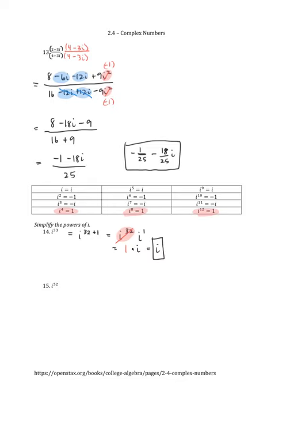Remember I said earlier in this section that you never want to have an exponent on i. You always have to simplify it. So that's what I'm doing here. Okay, so simplify it until you have an i, a negative i, a 1, or a negative 1. So if I look at number 15, 52 itself is evenly divisible by 4. So that means that this is just going to be 1. So my answer is 1.